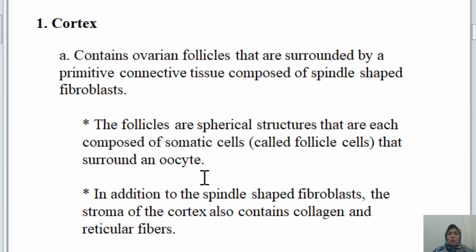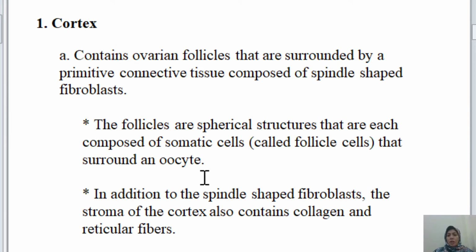At first, I want to explain about the cortex of the ovary. As you know, the cortex of the ovary contains the follicles that are surrounded by a primitive connective tissue composed of spindle-shaped fibroblasts, and these follicles are spherical structures that are each composed of somatic cells, also called follicle cells, that are surrounded and hosted.